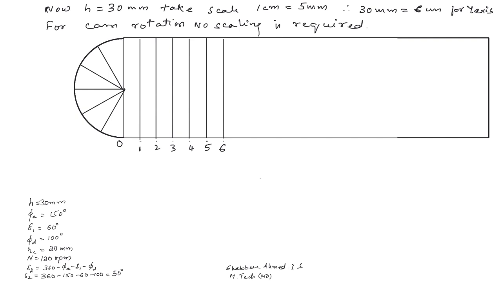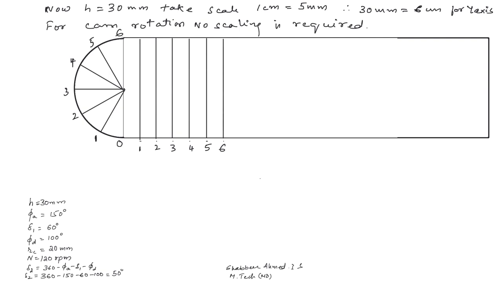I told you that on the x-axis there is no scaling, so you can take whatever distance you want. If you want, you can take half centimeter also. Better you take it as 1 centimeter. It will look better. Okay, and now you mark the same numbers on the semicircle also. So 0, after 0, 1, 2, 3, 4, 5 and 6.